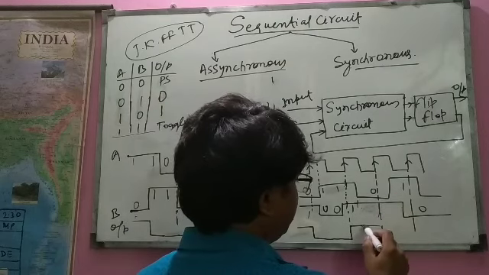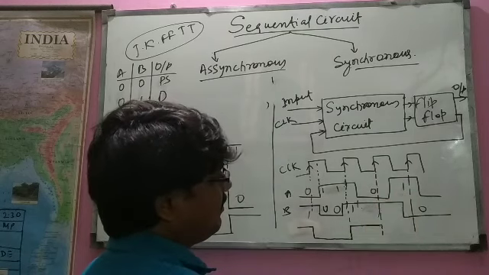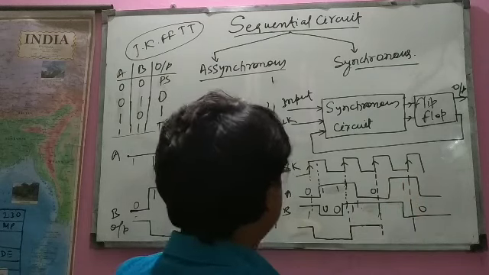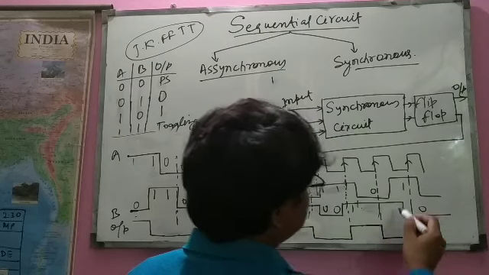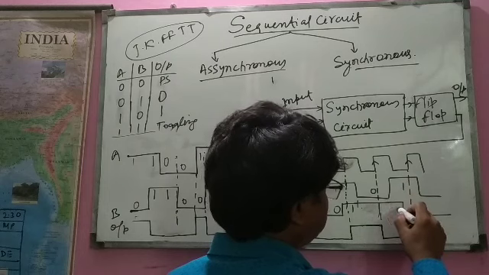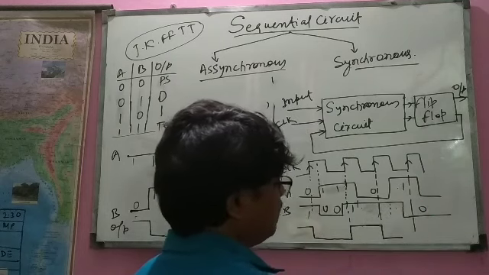So it will wait till the next clock pulse arrives, and at this clock pulse, this is 0 and this is 1. So at 0 1 it becomes 0. Okay, so here its output has changed. It is 1 and it is 1. No, output will not change.